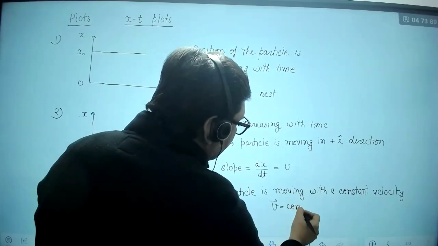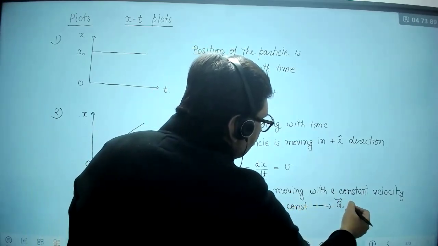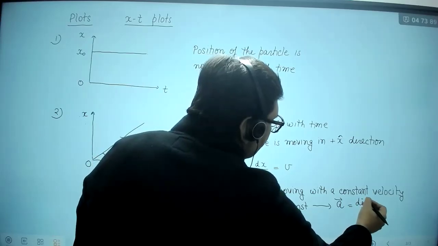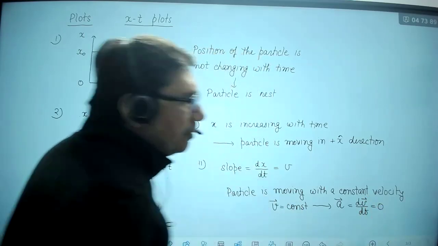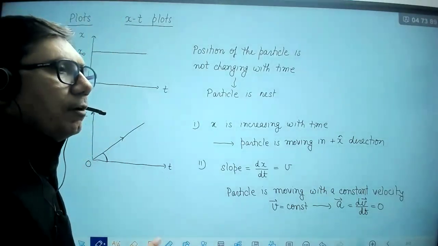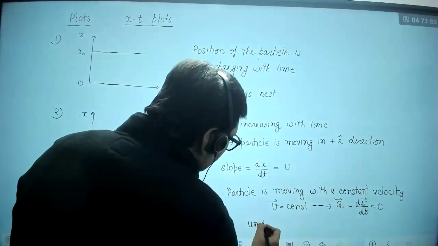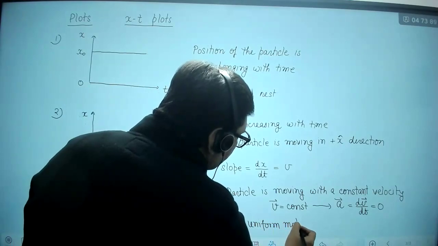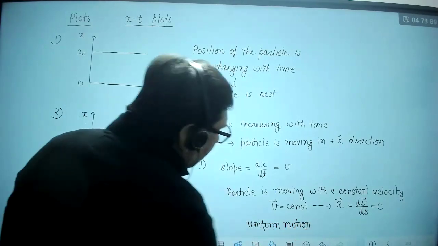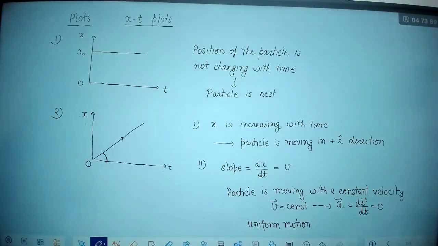If v is constant, what will be the acceleration? Acceleration, that will be dv by dt, which will be 0. So what type of motion is this? This is uniform rectilinear motion, or I'm writing uniform motion. So from this graph, so many conclusions you can draw. This is a graph representing uniform motion.